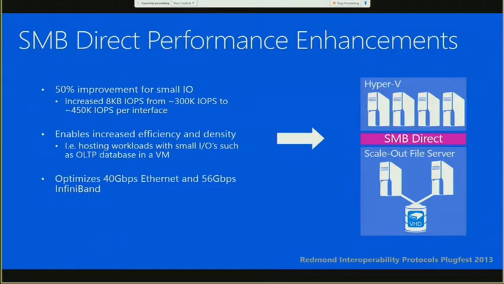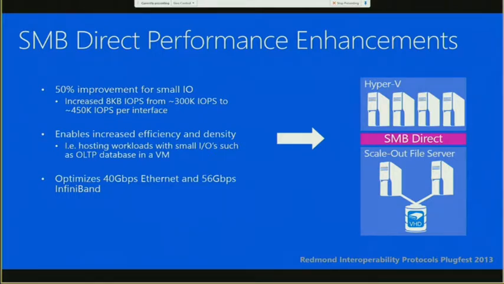So we're looking specifically at 8K IOPS because that matches very well to what our SQL Server implementation and most OLTP database implementations do, which is a very important workload. So we've moved it from 300,000 IOPS on a single interface to 450,000 IOPS on that interface. So same hardware, but better throughput.